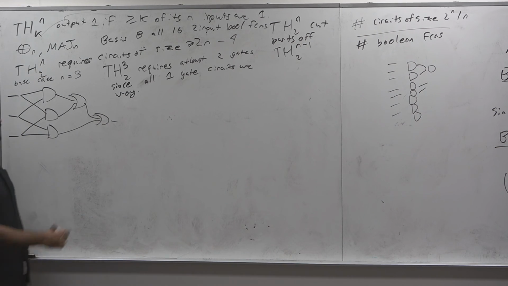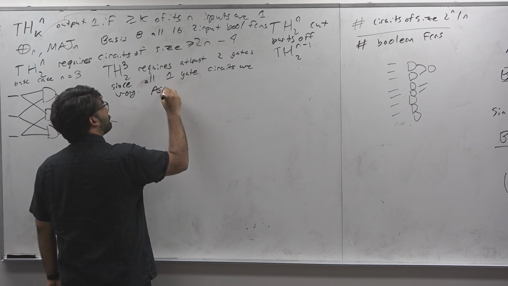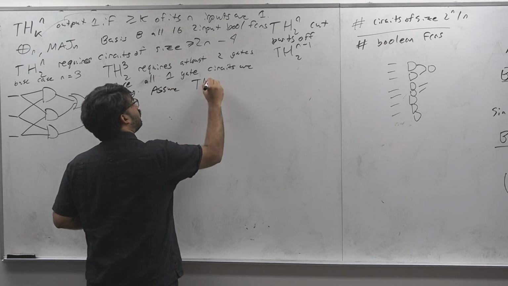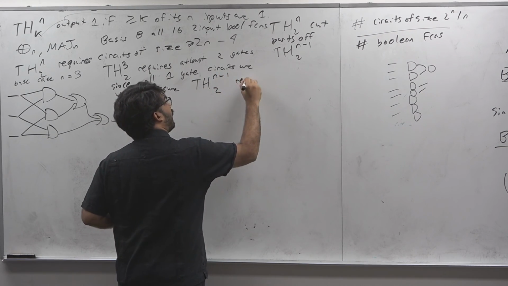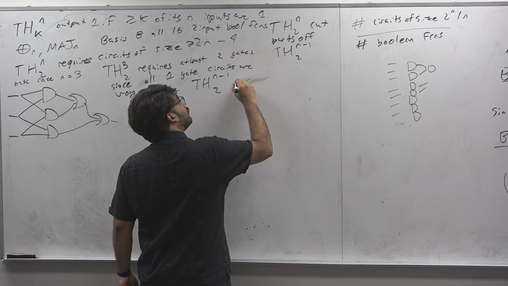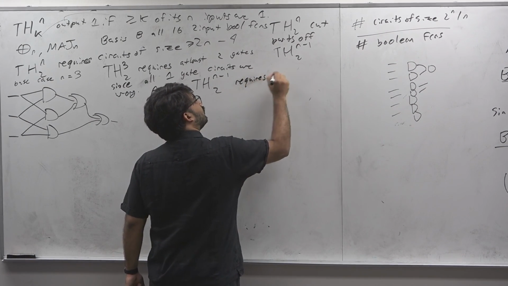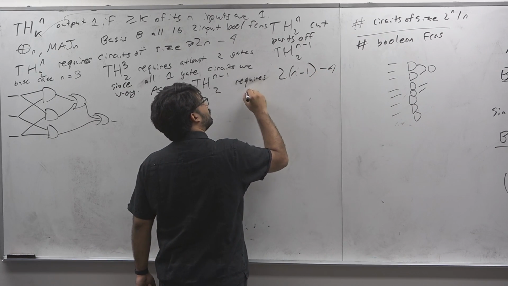Fine. So now assume our induction hypothesis. Assume that the threshold of n-1 of 2 requires 2(n-1)-4 gates.